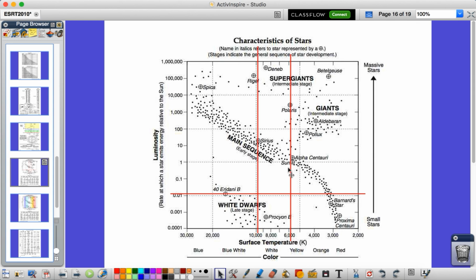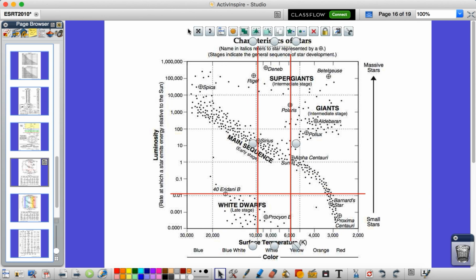Now, sometimes you can't really infer size. We had a little difficulty between the sun and Sirius. But if we compare, for example, Barnard star to Betelgeuse, well, Betelgeuse and Barnard star are very similar in temperature, aren't they? Let's take a look.